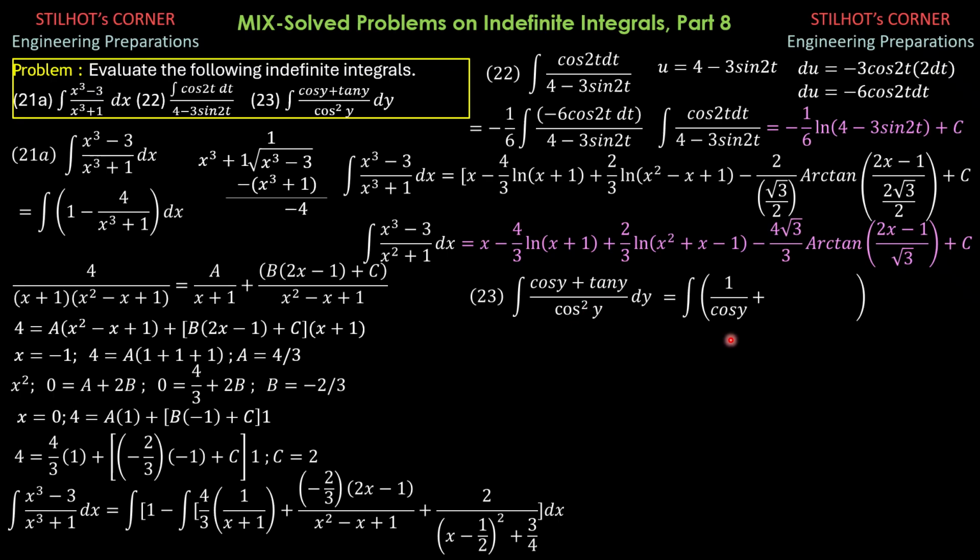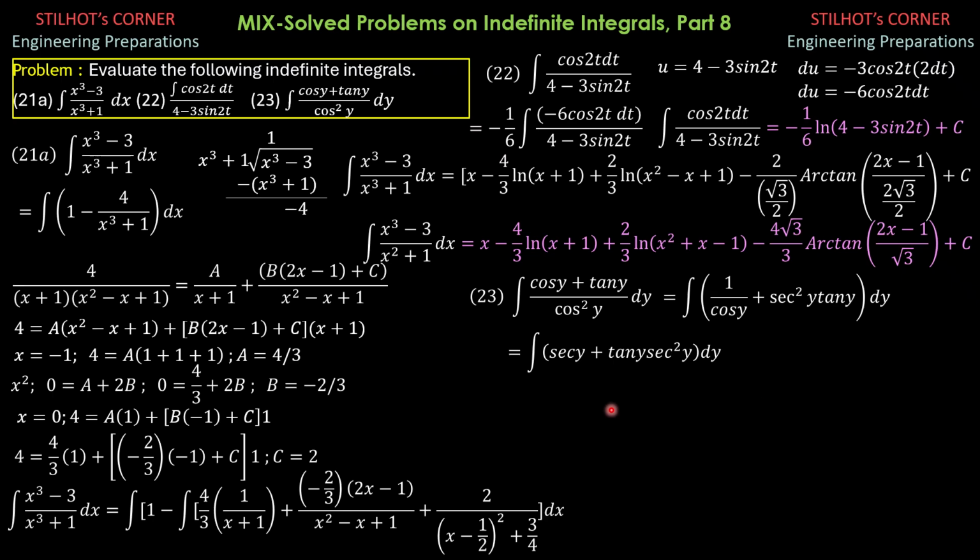Then dy. So 1 over cosine y plus secant squared y tangent y, then dy. So this is integral of secant y. Then let's rearrange this into tangent y secant squared y, close, then dy.